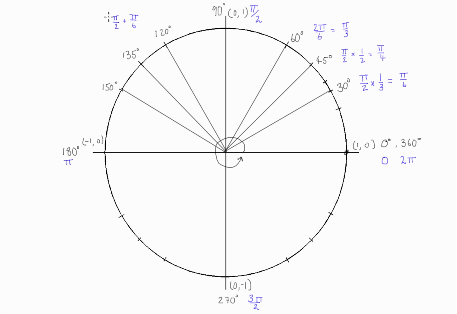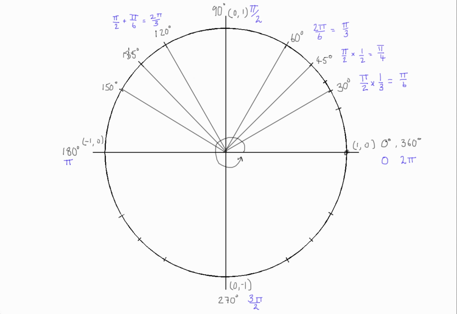Now, pi over 2 is 3 pi over 6, plus pi over 6 is 4 pi over 6, or 2 pi over 3. Another way you could have done that is 120 is double 60. So 60 is pi over 3, so 120 is 2 pi over 3.